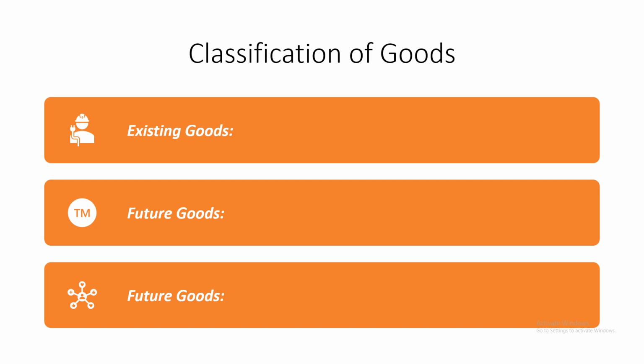Now, existing goods are of different categories. Again, existing goods may be subdivided into the following categories. First one is specific goods or generic goods.